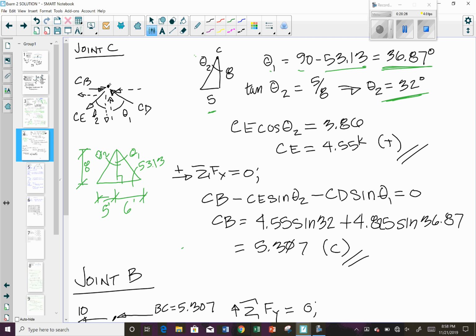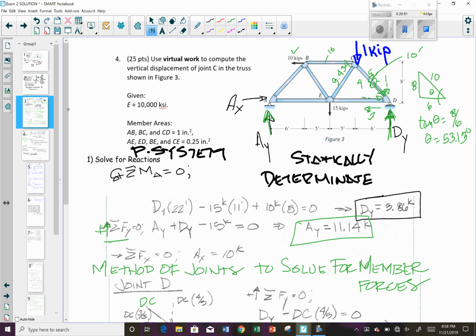I can just come in here to joint C. We solved for this member in the last problem, which was equal to, what was that equal to? CD was equal to 4.85.